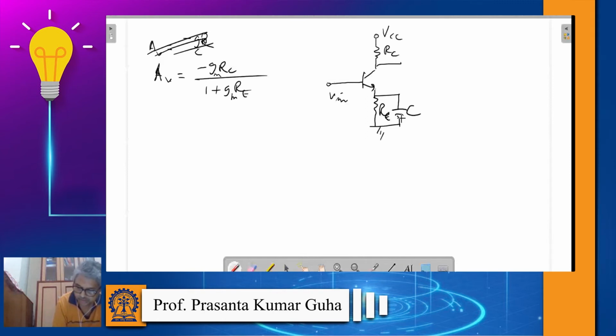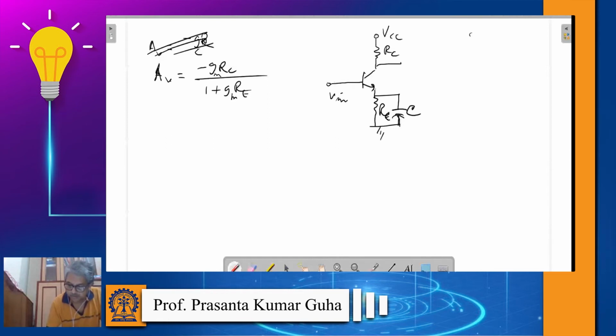So you choose a capacitor in such a way, in such value, this capacitor is known as bypass capacitor, that AC signal will not see this RE. Okay, sometime you will see this whole RE is bypassed.